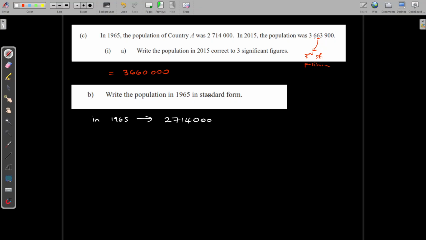So in standard form, what would it be? Go ahead. So I was asking if it would be 2.714 times 10 to the 6. Yes, so that would be it.